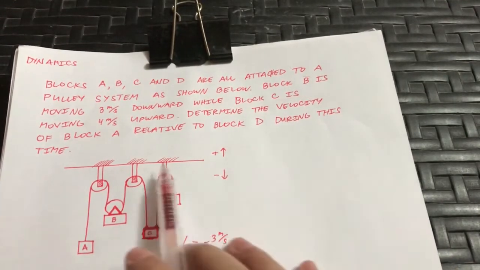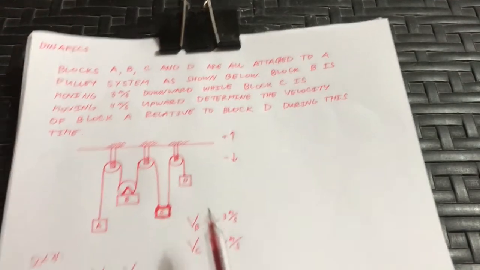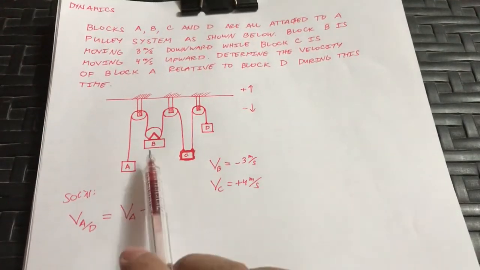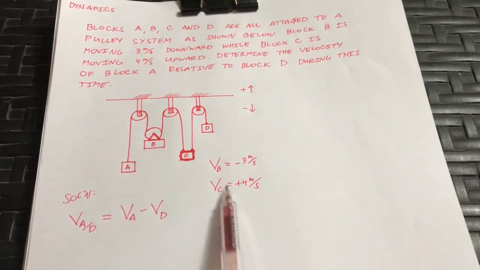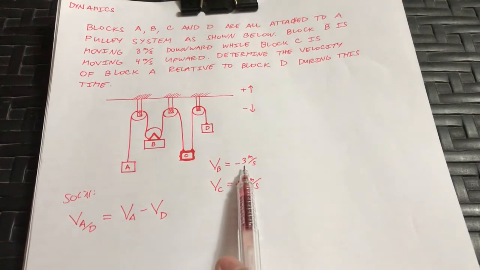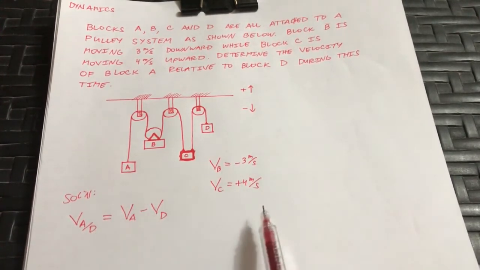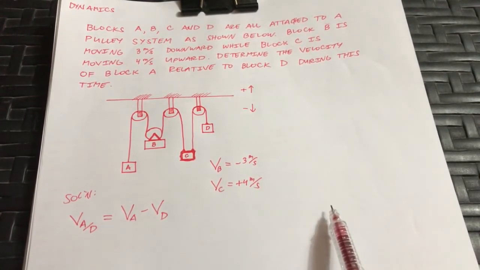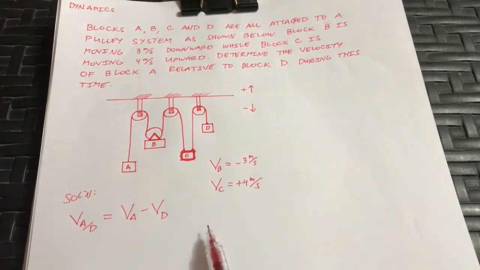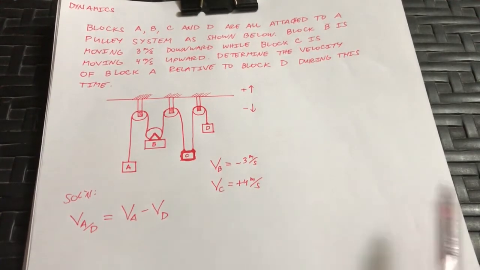The question is the velocity of block A relative to block D during the movement of B and C, meaning while their velocities are 3 and 4. So time is not a factor in this problem since we only need to solve the velocity of A with respect to D at these specific velocities.